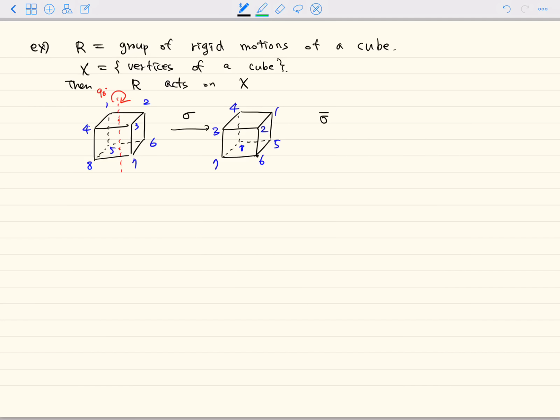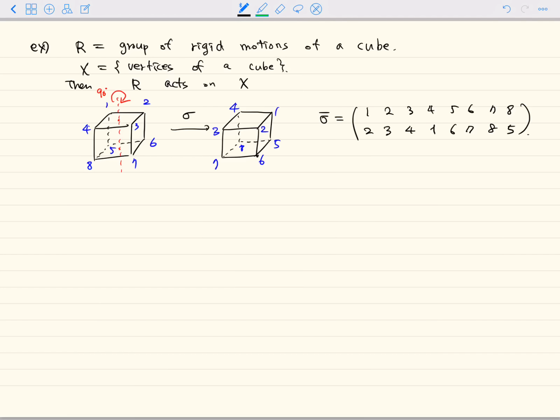So we will write this as a permutation of the vertices 1, 2, 3, 4, 5, 6, 7, 8. 1 is now in the position of 2, so it sends 1 to 2, and 2 gets sent to 3, and 4 to 1, and 5 is now in the position of 6, so it's going to be 6, 7, 8, and 5.